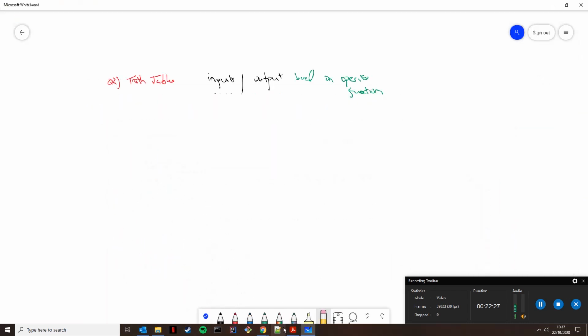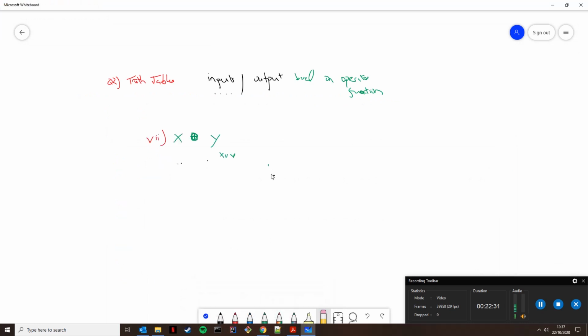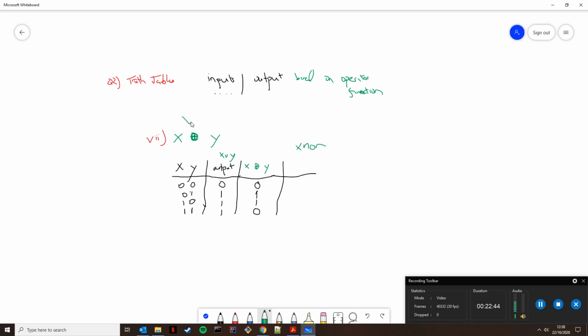Now, next question, XOR complement. Okay. So XOR complement is also known as exclusive NOR. This is known as XOR, exclusive OR, that's what the symbol means. This is exclusive NOR.